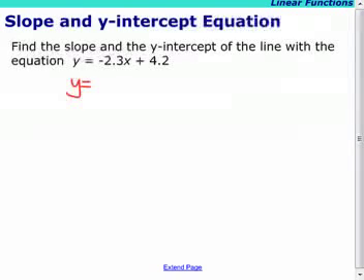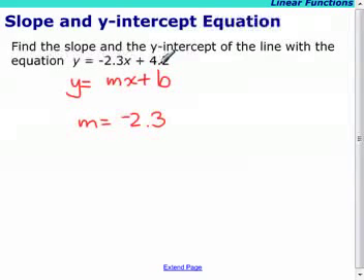If I were to write y equals mx plus b, right below that, this is the formula for a linear function. And if I look at what's in front of x, it's negative 2.3. Therefore, the slope is negative 2.3. Also, what's in the spot of the b is 4.2. So the y-intercept for that linear function is 4.2.